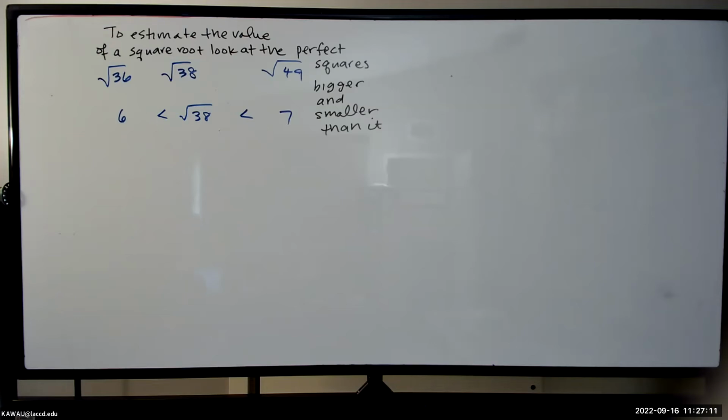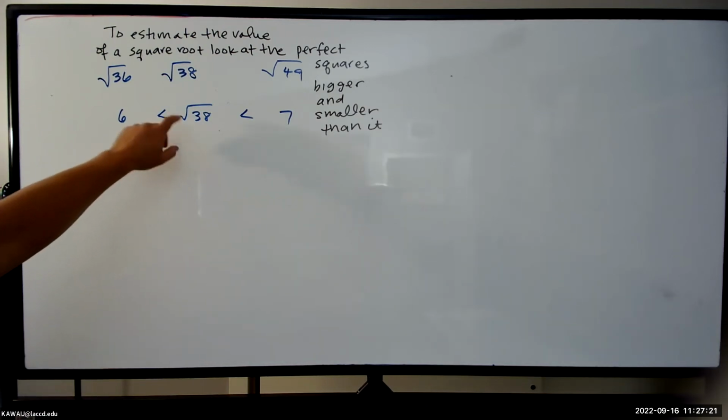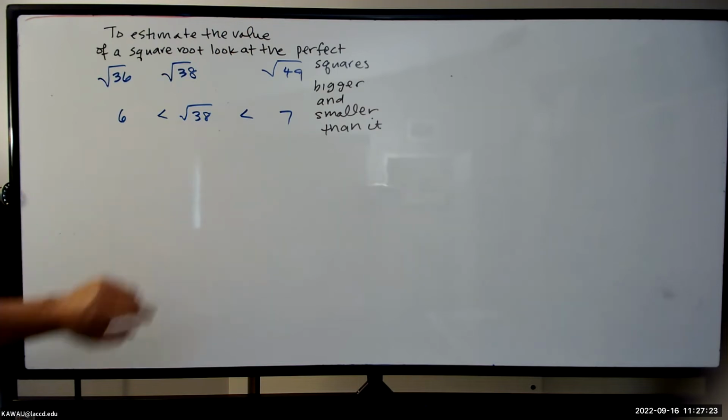Okay. By the way, on the square root worksheet, I don't have a solution key. So you'll just have to use a calculator to figure out if your answer is correct or not. Okay.